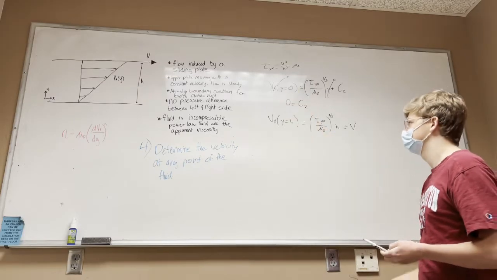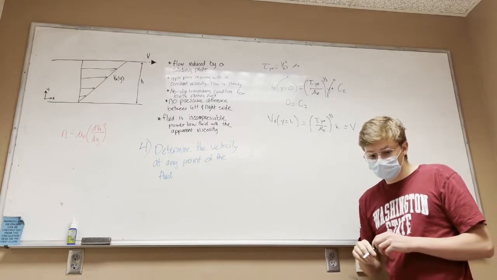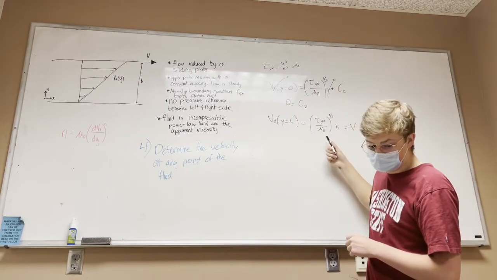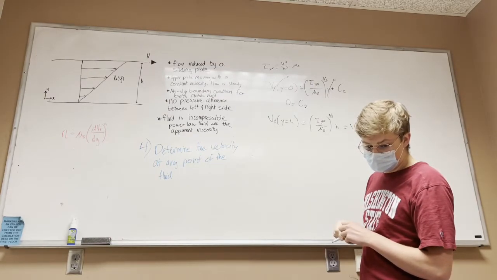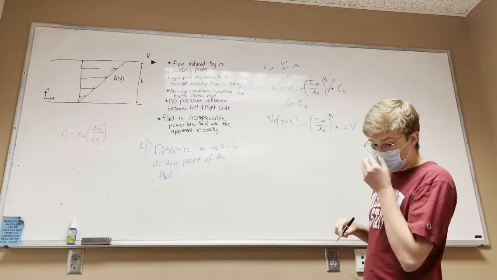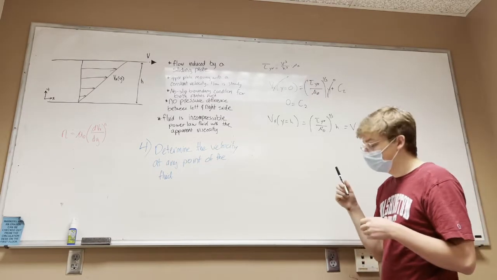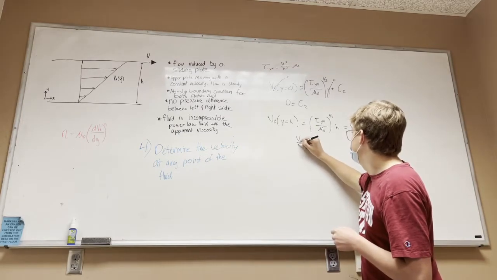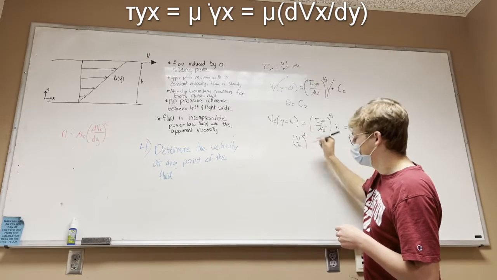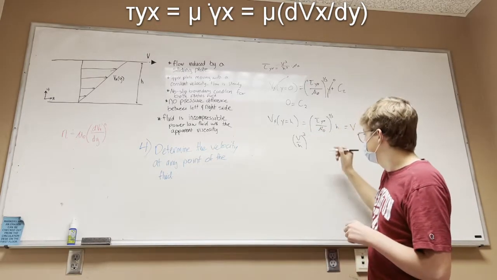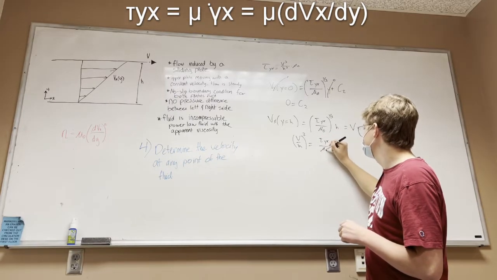So that's Vx is equal to v when y equals h. So what we do here is we solve for tau yx over mu naught, and we'll get v over h to the 3rd power is equal to tau yx over mu naught.